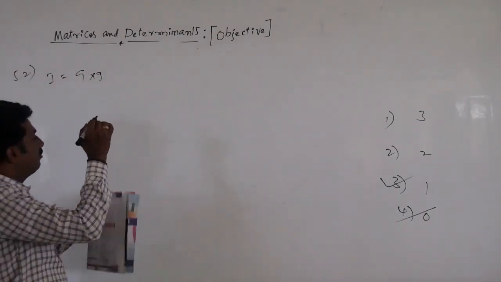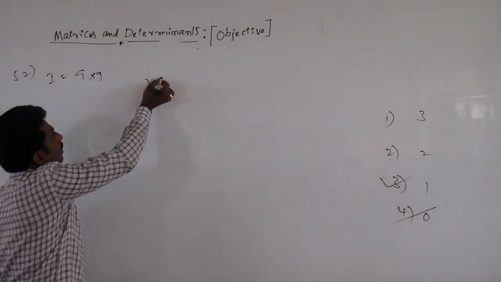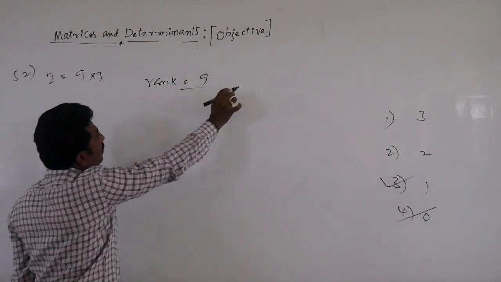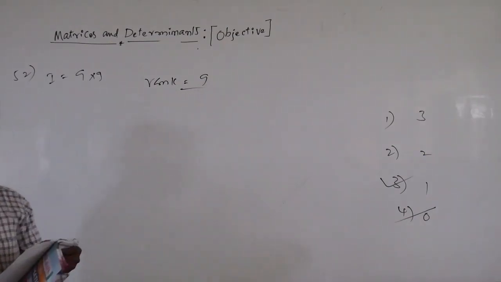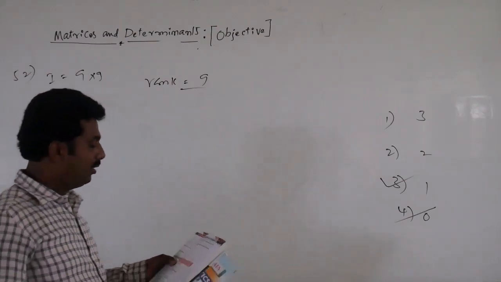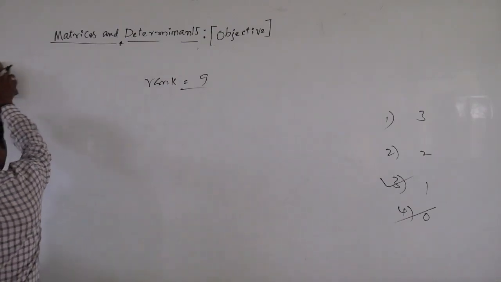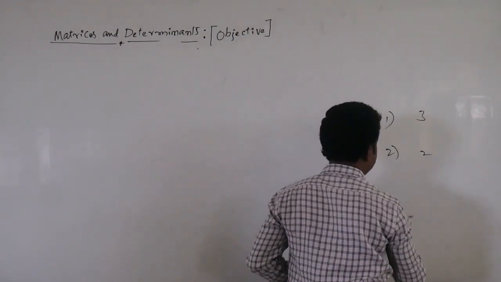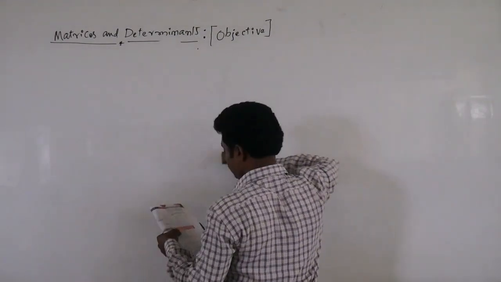Then what is the rank of the matrix? What is the rank of identity matrix of order 9 by 9? Means 9 only. So that is a trivial concept. Next. So like that 53 you have to answer. Then 54.